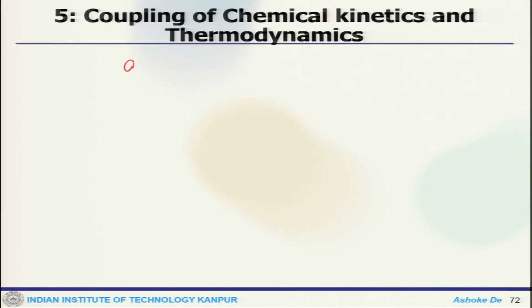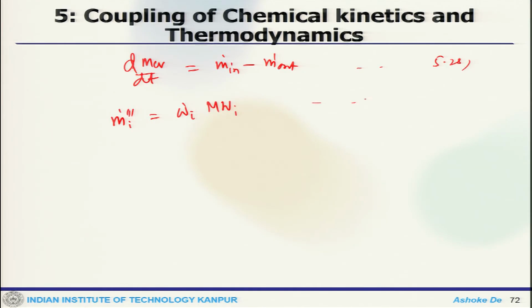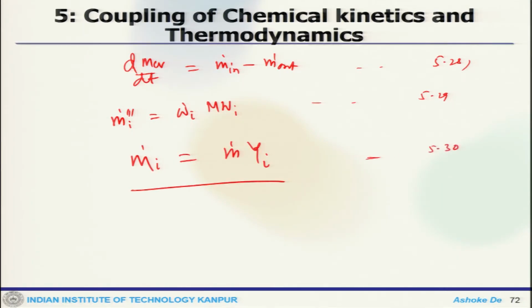Now, also we can write that dm_cv/dt equals m dot in minus m dot out, and when we relate this with the reaction rate, where this is the molecular weight, we can write that. Now, ignoring the diffusion flux, one can write m dot_i equals m dot y_i. So, this is by ignoring the diffusion flux.